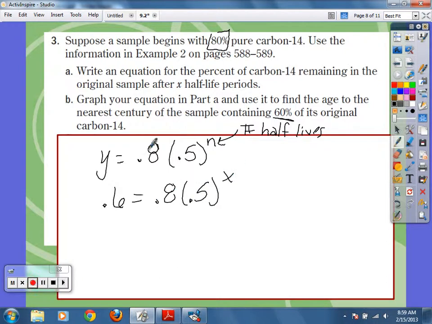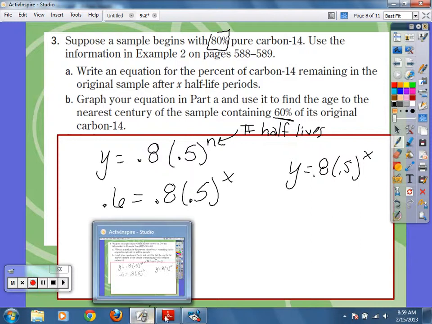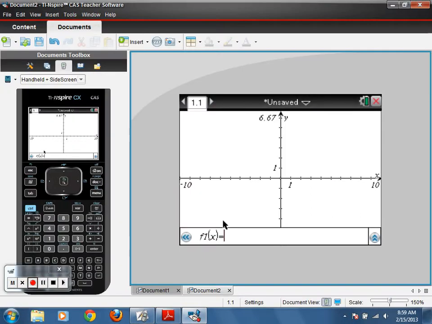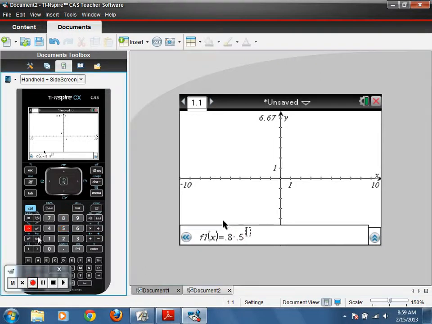So what we're going to do, if you remember, is graph y equals 0.8 times 0.5 to the x, and we are looking for when does it equal 0.6. I already have my calculator here. 0.8 times 0.5 to the x. Okay, enter.